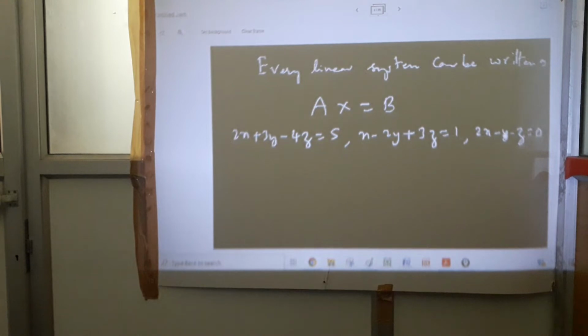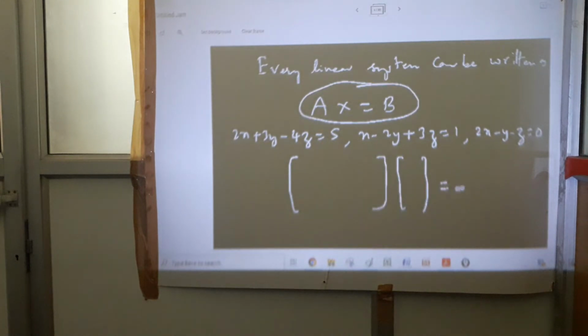Then these 3 equations I can convert into a single equation in the form of Ax equal to B. On the right side I'll write the constants 5, 1 and 0, the names of the variables, and then the coefficients I'll write 2, 3, minus 4.